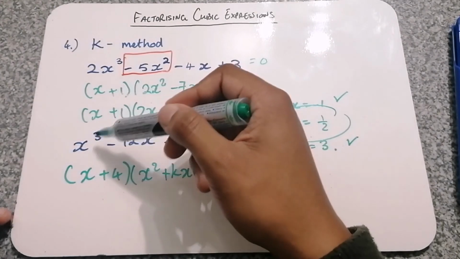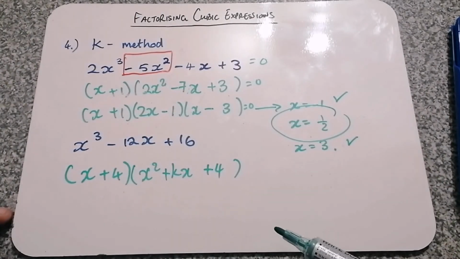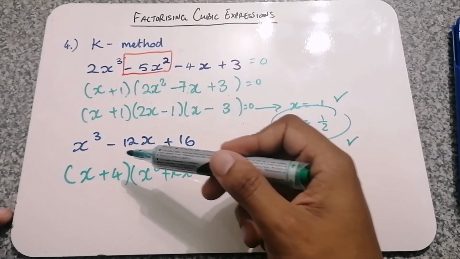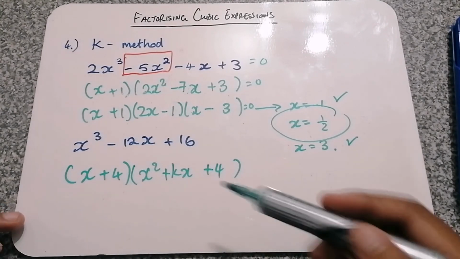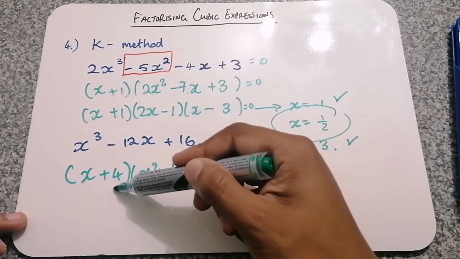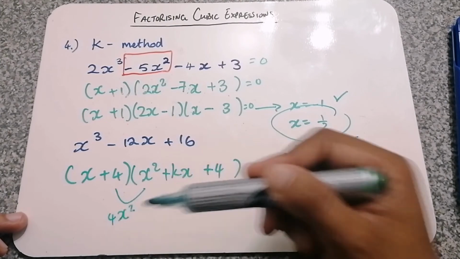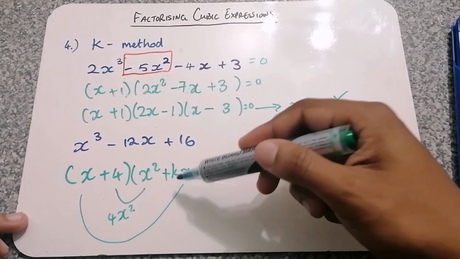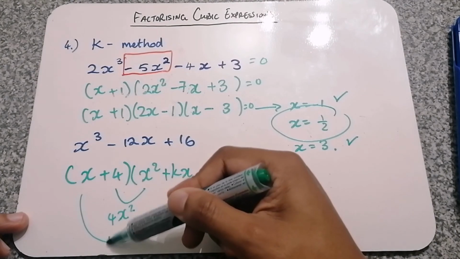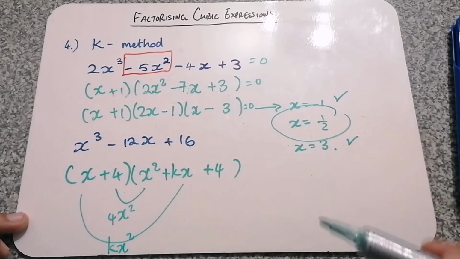Now there's no x squared term here, which means that the coefficient of that x squared term is 0. Okay, so if we multiply 4 with x squared, we get 4x squared. And if we multiply x with the kx, that gives us kx squared.